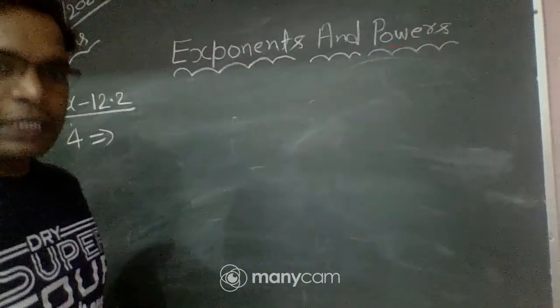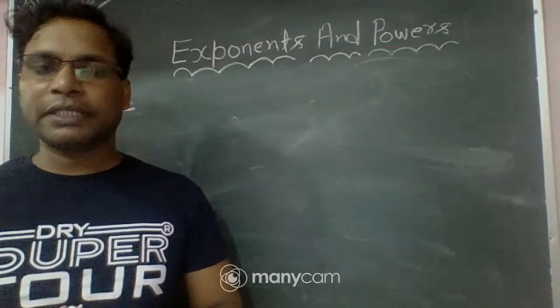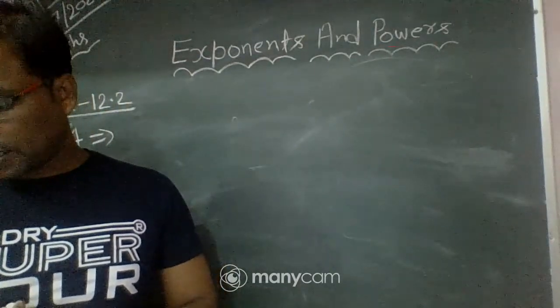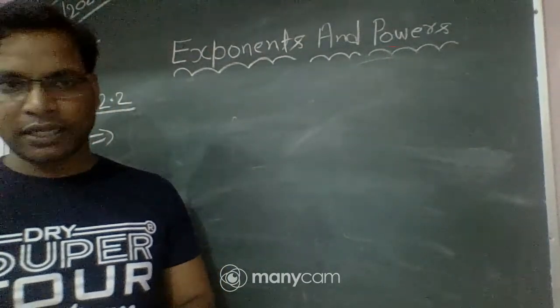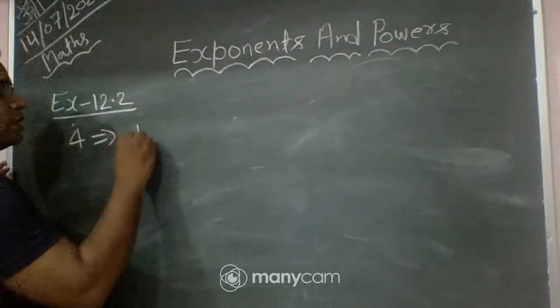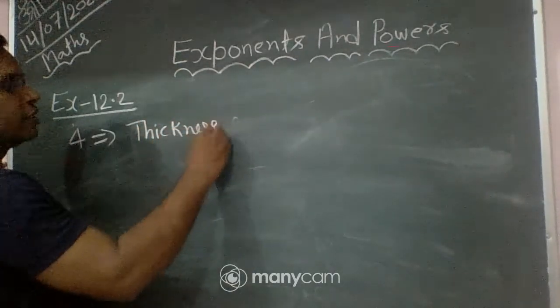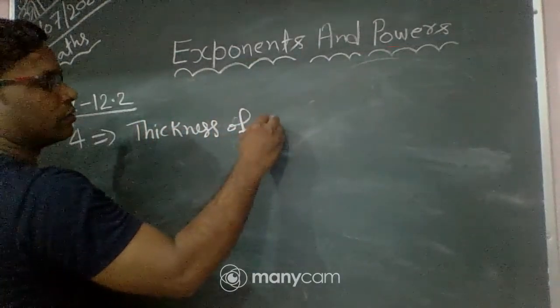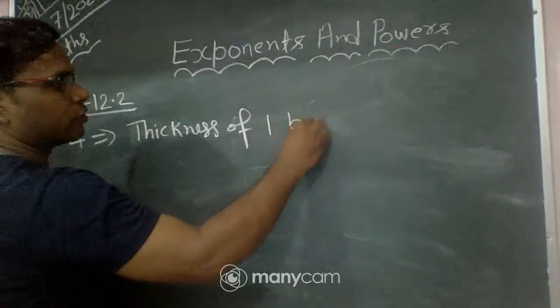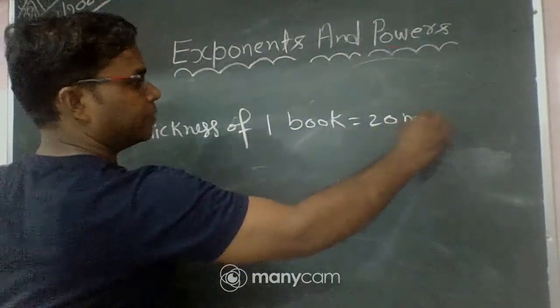So let's see how to solve this. In this question, the given number of books is 5, and the number of papers is also 5. So the thickness of one book is equal to 20 millimeter.